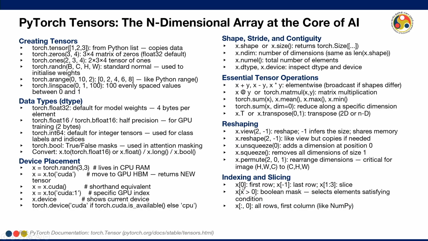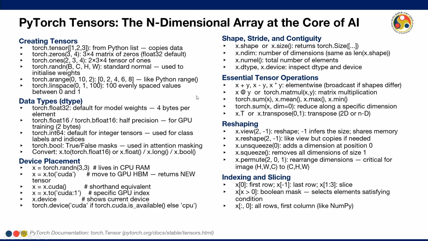Like x[0] will access the first row, x[-1] will access the last row, and x[1:3], this colon is the slice, will access from the second row up to the third row. Then x > 0 will boolean mask the elements satisfying this condition. And similarly, this is another way to slice all rows, first column, like NumPy. So this is another way to slice the tensor.